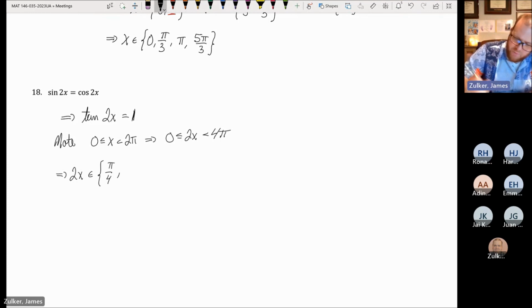I do agree pi over 4 is one of them. For 0 to 2 pi, what's the other angle where tangent is equal to 1? 9 pi over 4 is, we'll get to that later. So 5 pi over 4, yes.